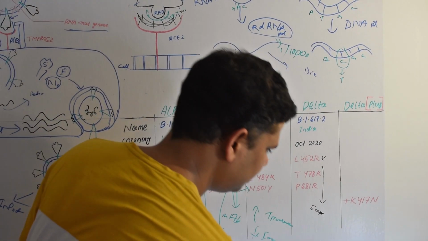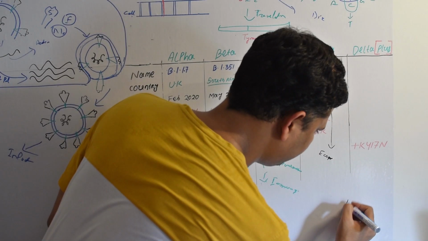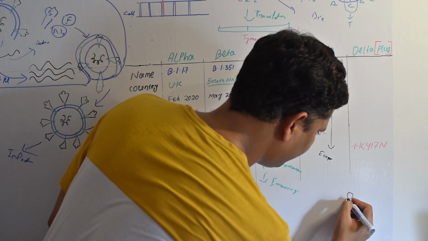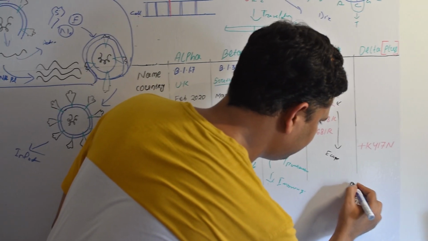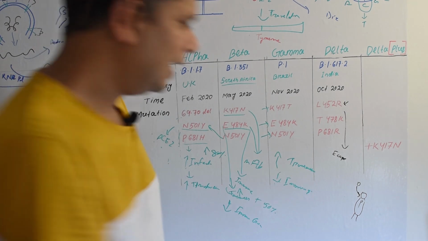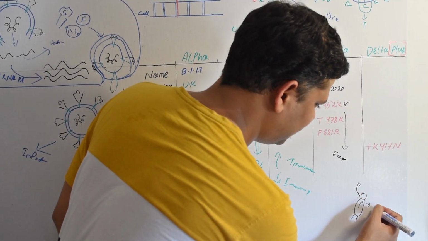Suppose there's a person who was previously infected with the coronavirus, and the person has increased immunity.